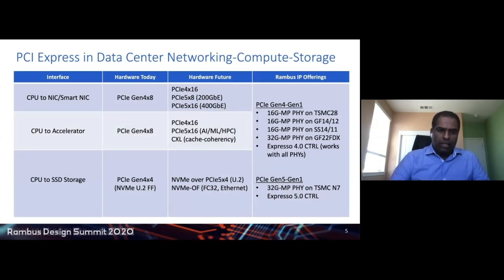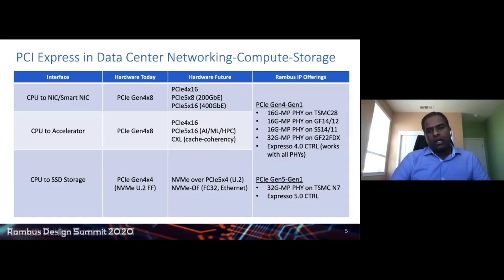In today's accelerators, PCIe is Gen 4 by 8 macro. In future, for AI, ML, and high performance computing, we need at least a by 16 macro operating at Gen 5 speeds. In storage, currently we are using PCIe Gen 4 by 4 macro, and in future we need to move to PCIe Gen 5 by 4 macro.